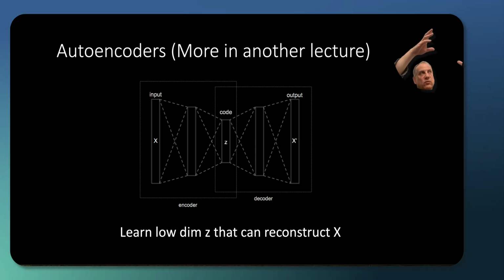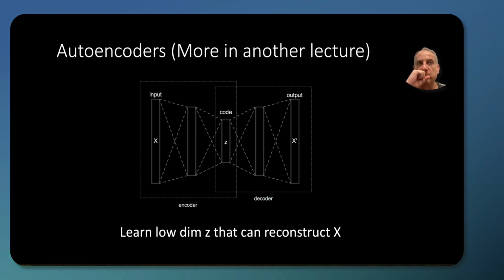But it could have convolutions. So it starts out with a lot of inputs, and it gets smaller and smaller. And then in the middle, we have a layer that only has a certain number of nodes. Maybe 500 nodes. So we went from 80,000 down to 500, let's say.